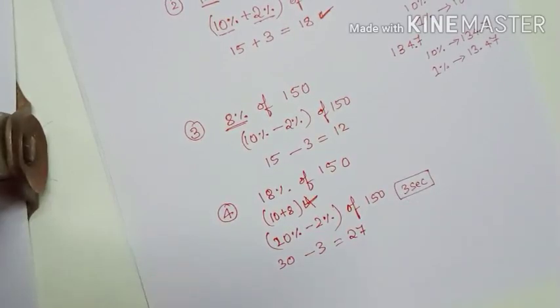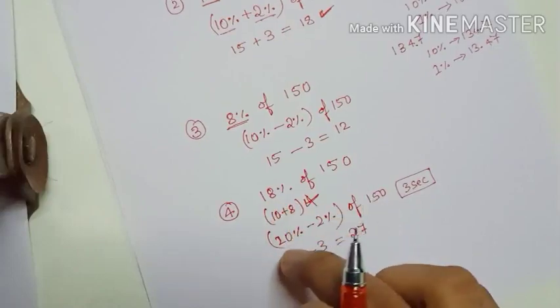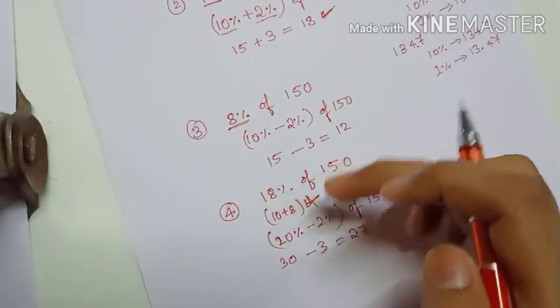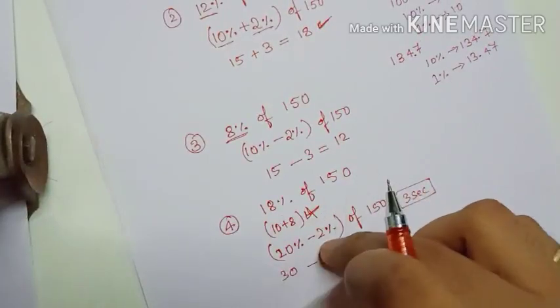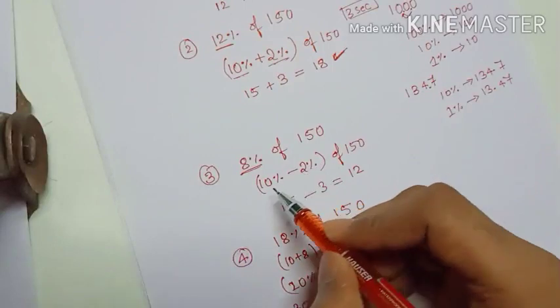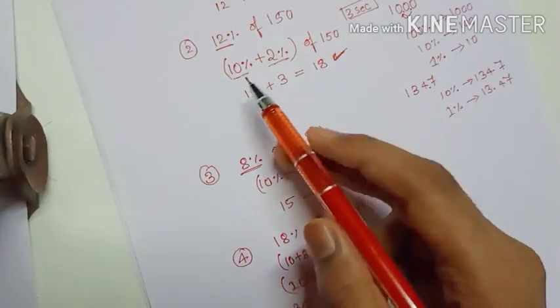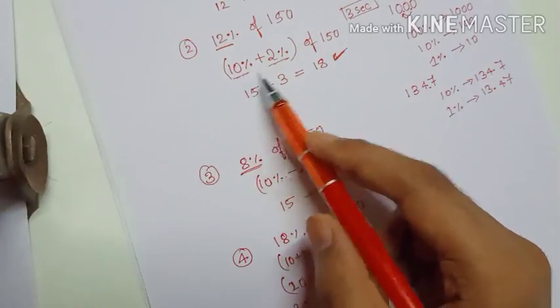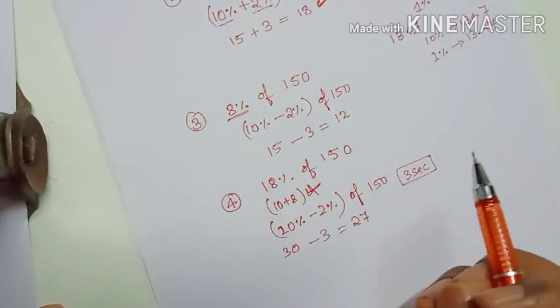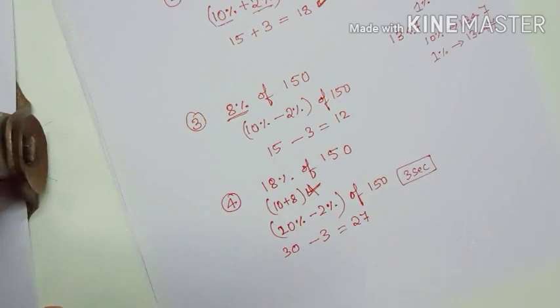That's it. Okay, fine. 18 was very near to 20, so you took it that way, and 8% was very near to 10 and you handled it as 10 minus 2. 12 was also very near to 10, you took it as 10 plus 2. Now what if the value is away from both 10 and 20?